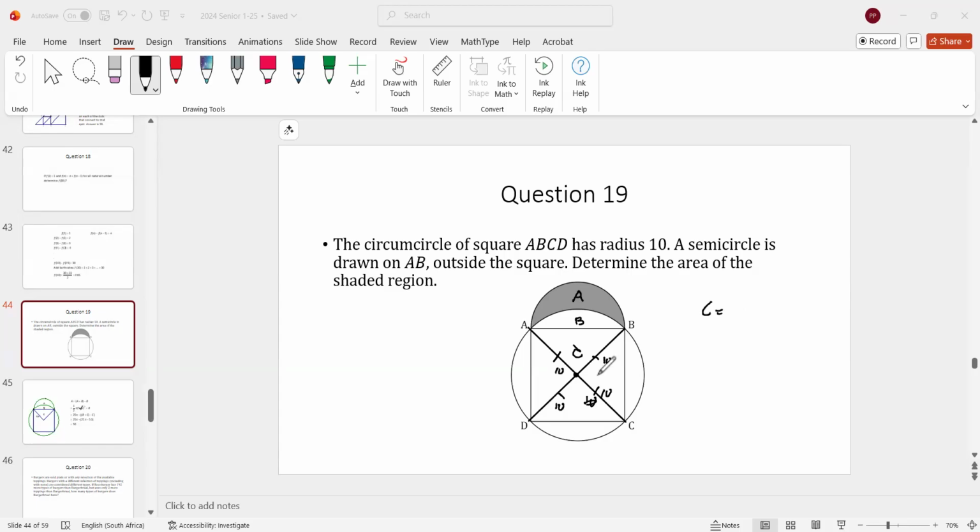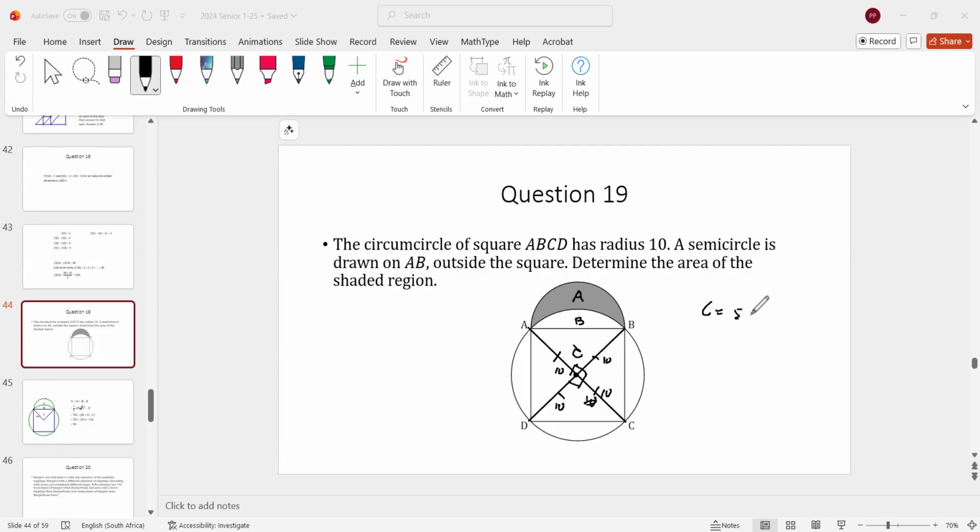So C is the area of a triangle. The other property of a square is that the diagonals bisect each other at right angles. We will use this fact again later on. So the area of the triangle is half base times height.